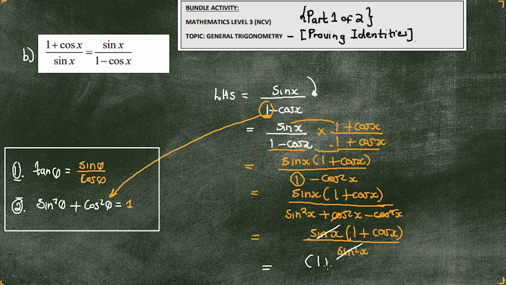I'm now left with 1 plus cos x over sine x. This is our answer, 1 plus cos x over sine x, right? There was no identity, so we had to come up with something to assist us in solving this identity. That was rationalizing. Okay, next one.